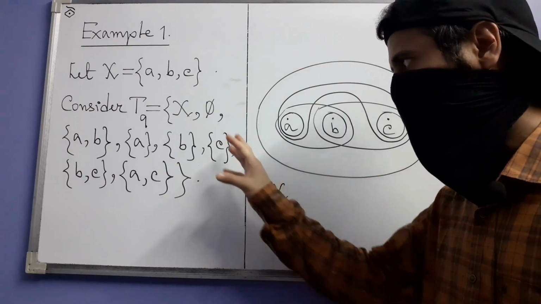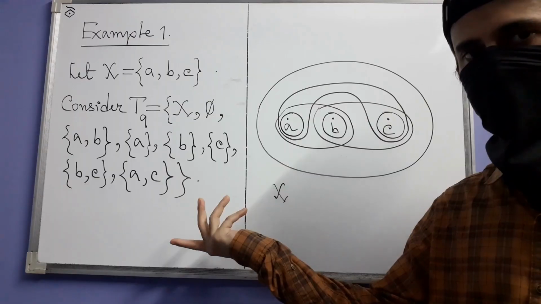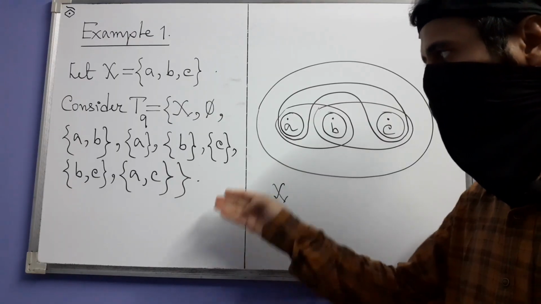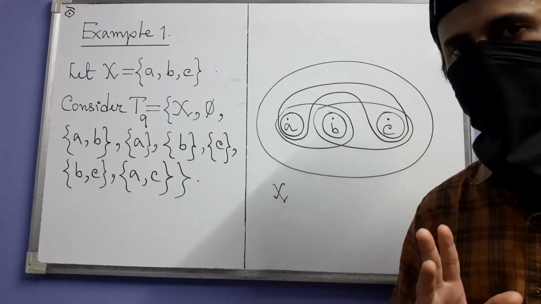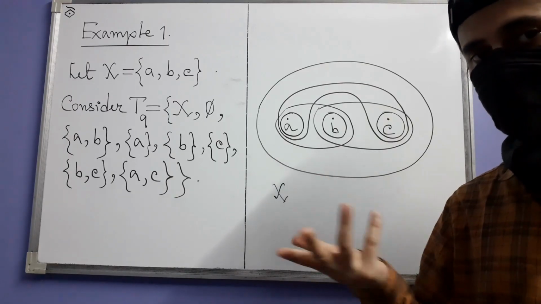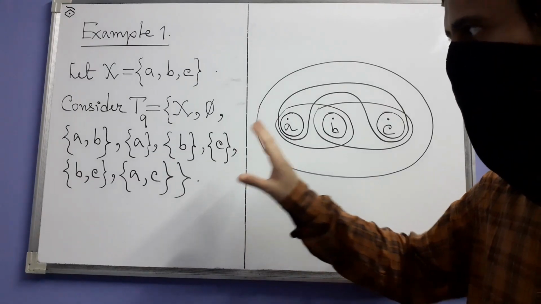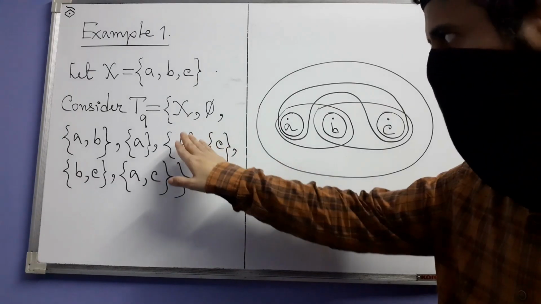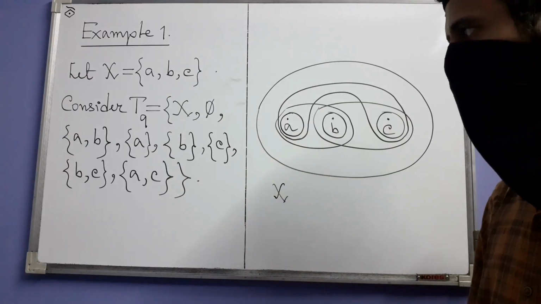Ironically, in spite of having so much, everything here that you can possibly have in this collection, verifying that this is a topology is almost trivial, simply because everything is in this collection. Obviously these two will be in the collection because this is the power set.